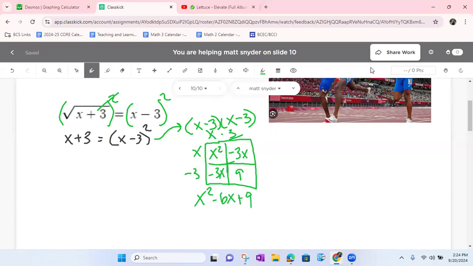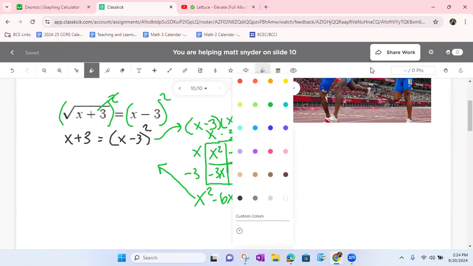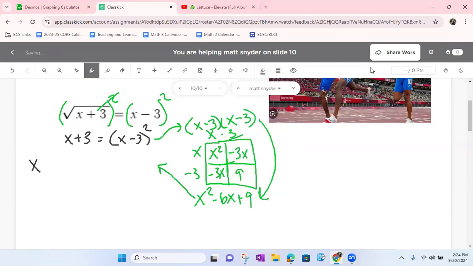Now, once we have this product of x minus 3 times x minus 3, we're going to bring that back into the equation and rewrite this step. I'm going to write x plus 3 equals x squared minus 6x plus 9.